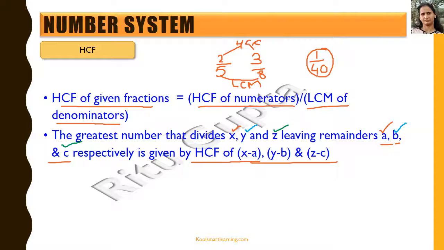So we subtract a from x, b from y and c from z, and we get three numbers. And if we take the HCF of these three, we get that greatest number which will divide x, y, z, leaving these three different remainders.